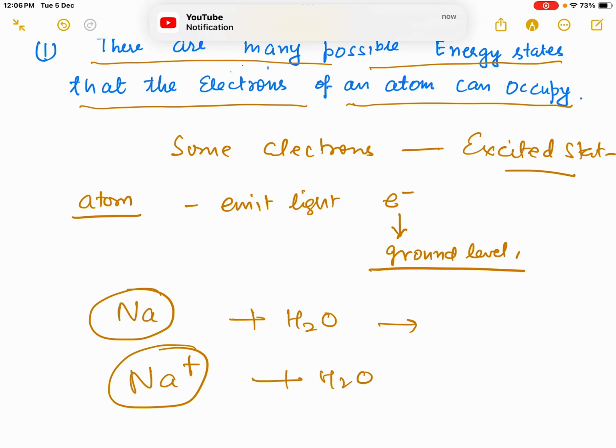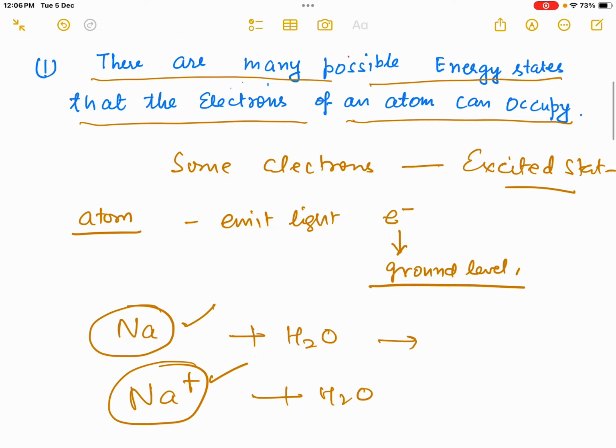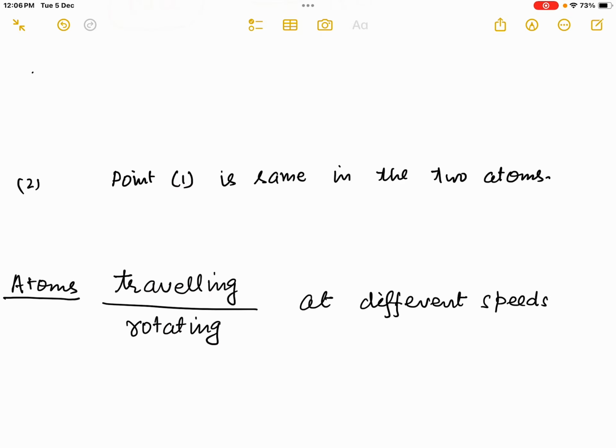So ions and simple atoms are behaving differently. So we say that the two atoms of the same element are different.